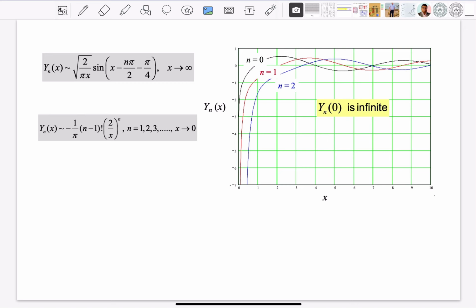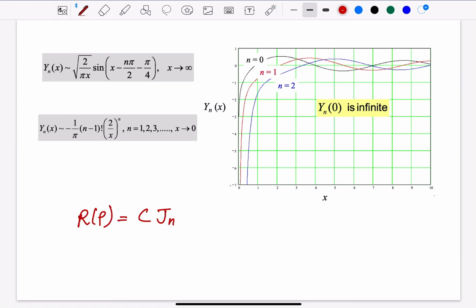Now coming back to our problem, let me write down the solution, which is R as a function of rho is C Jn of argument kc rho plus D Yn of kc rho. Now what it says is that when you have the zero argument, the value is infinite.